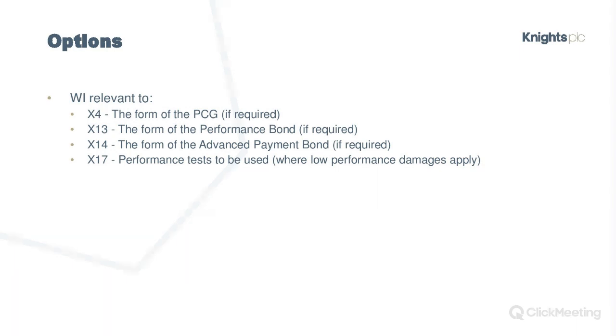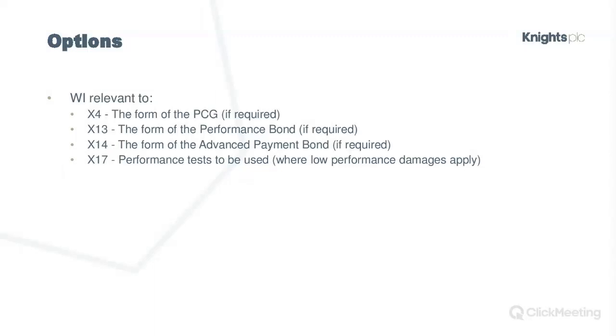Just to remind you about the optional provisions that may relate to the works information. So X4 is requiring a parent company guarantee. The works information is supposed to state the terms required for that parent company guarantee.